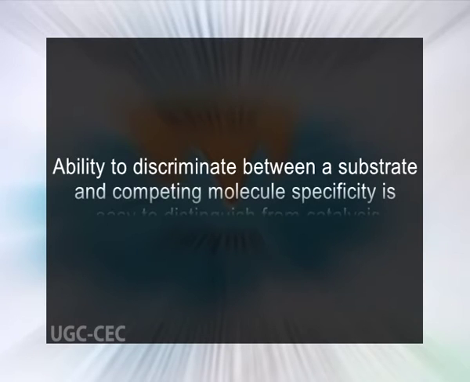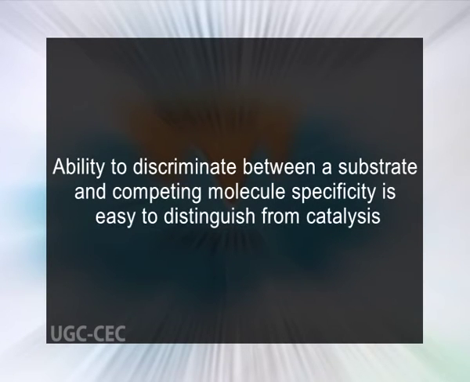The same binding energy that provides energy for catalysis also gives an enzyme its specificity. The ability to discriminate between a substrate and a competing molecule, specificity, is easy to distinguish from catalysis. But this distinction is much more difficult to make experimentally because catalysis and specificity arise from the same phenomenon.